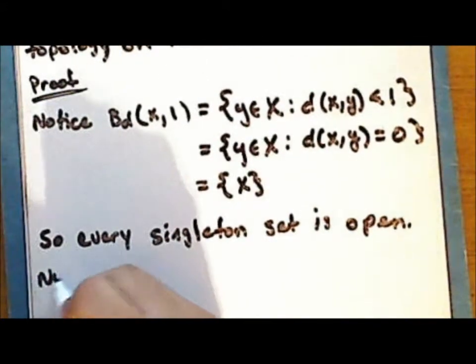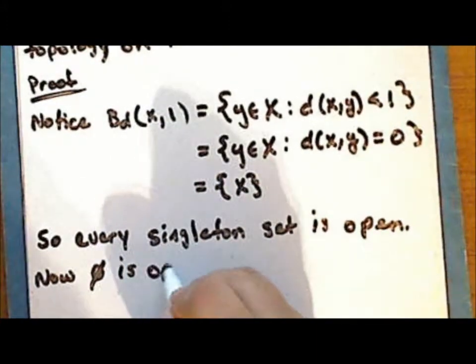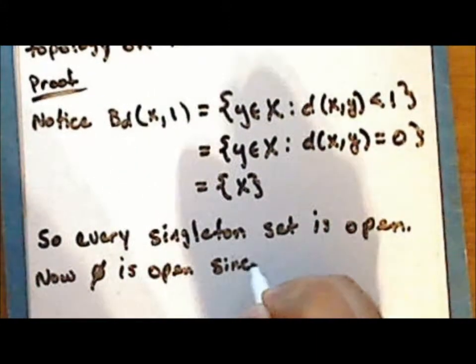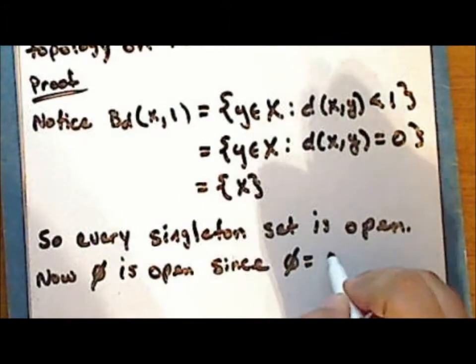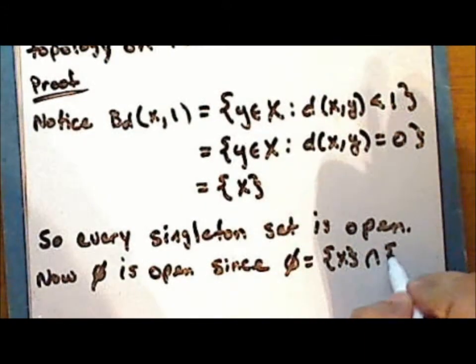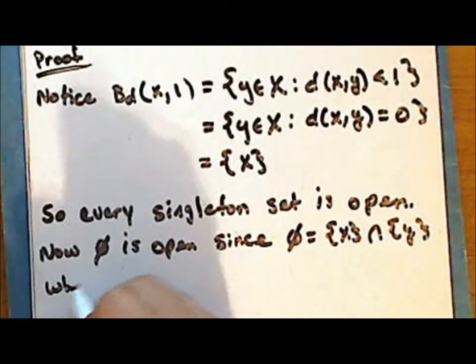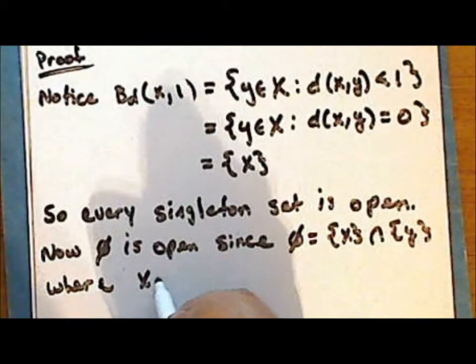Now the empty set is open, since the empty set is the intersection of two singleton sets containing the point X and the point Y respectively, where those points are distinct.